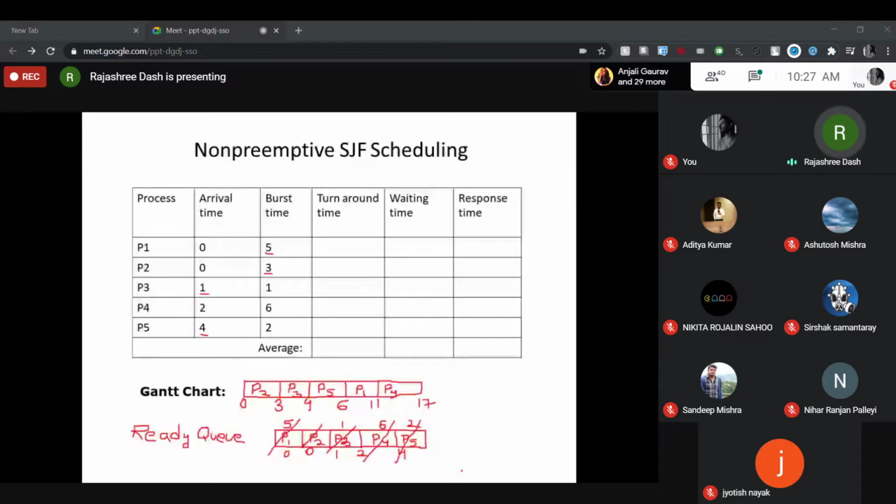Now looking at the Gantt chart, let's find out the turnaround time, waiting time and the response time. So how to calculate the turnaround time? Finish time minus arrival time.